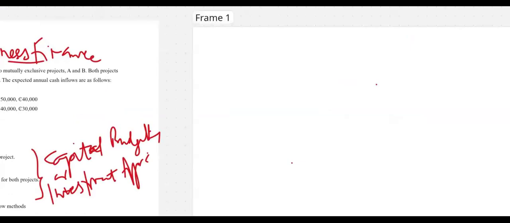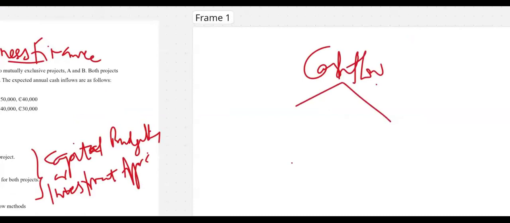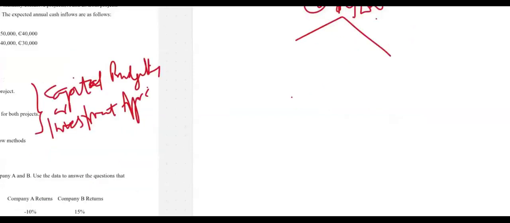So now we are talking about a cash flow. A cash flow literally means how cash flows in and out of the business.